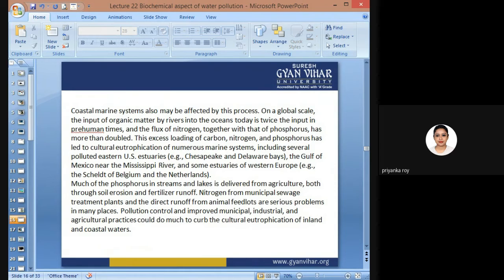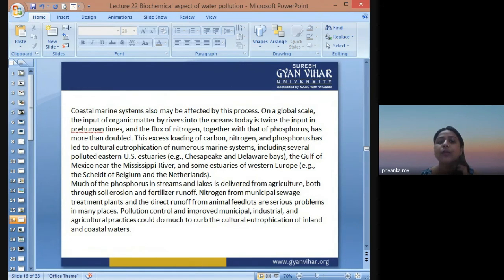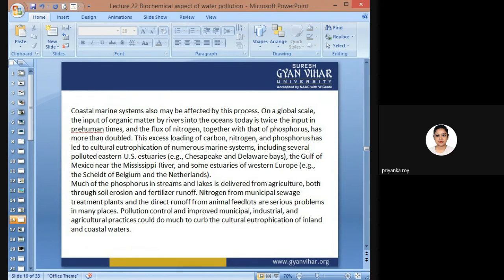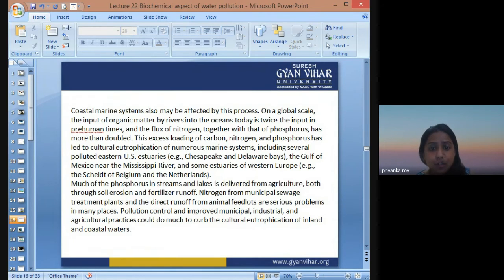So this excess loading of carbon, nitrogen, and phosphorus has led to cultural eutrophication of numerous marine systems, including several polluted eastern coastlines of the USA, estuaries, the Gulf of Mexico and the Mississippi River, and some other estuaries of Western Europe, like the Scheldt in Belgium and the Netherlands, which are showing the excessive effects of eutrophication.